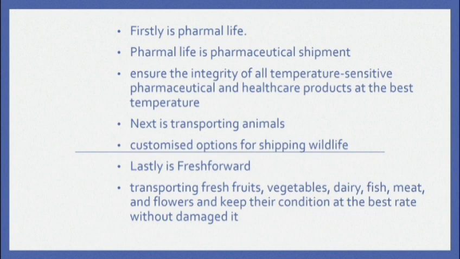For example, vegetables can easily be damaged if the temperature is very low or very high, and then they are not in the best condition. So with Etihad, they provide these products so that other shippers can use their air freight.